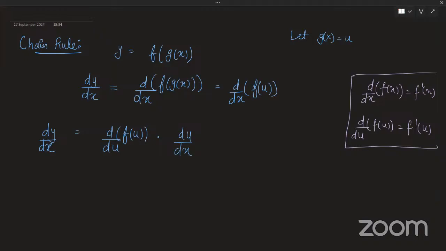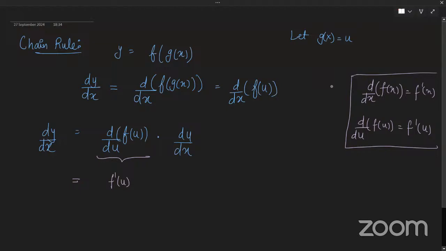My final answer will also have u in place of x. The derivative of f of u with respect to u will be f dash u. Really simple. So my first term becomes f dash u.